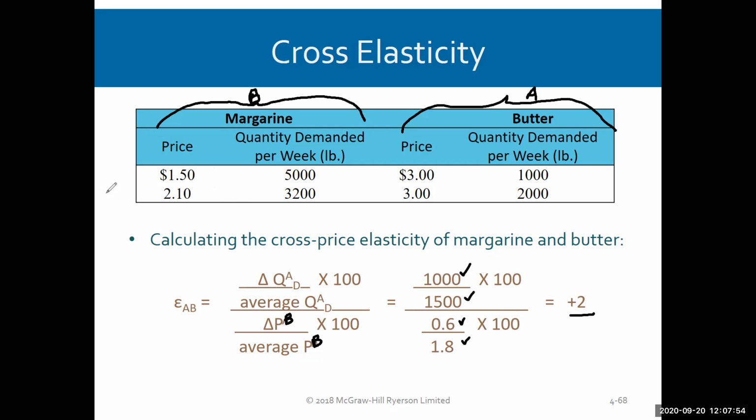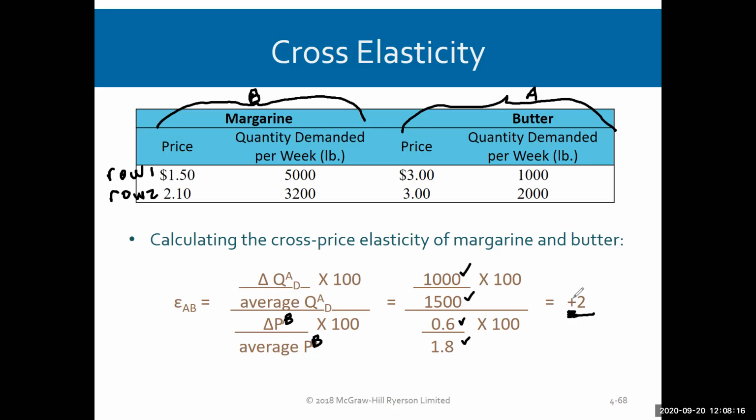But remember, for these, the sign matters. So this is row 2 numbers, and this is row 1 numbers. If you always do it that way, or you can switch, you just have to be consistent about which one's your first row and which one's your second row, because the sign matters. Here's the sign, it's a plus, +2.